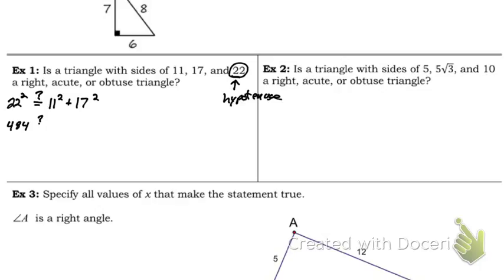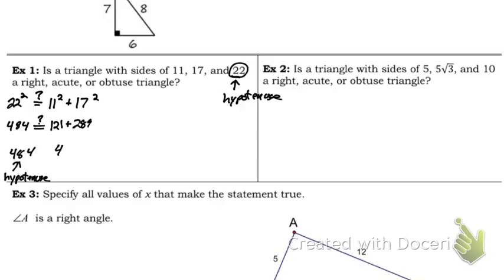484. 11 squared is 121 plus 289. Still not sure if that equals or not. So now we're going to have a 484. Don't forget this is my hypotenuse side.